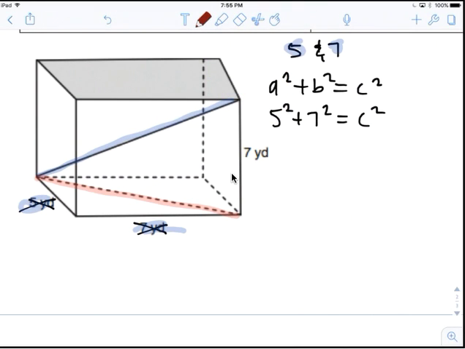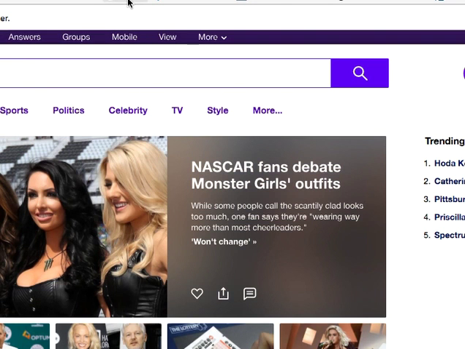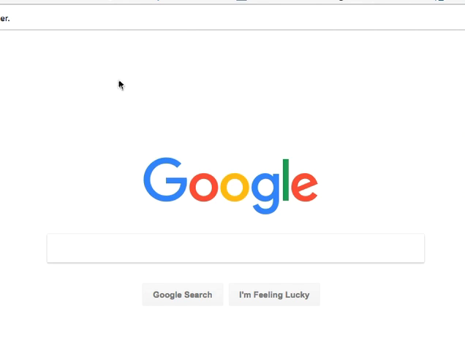That will be 25 plus 49 equals c squared. You get 74 equals c squared. And then you find the square root of 74. That should be 8 point something. Let me do it on the Google calculator.